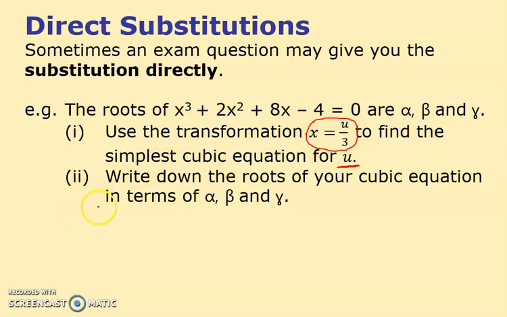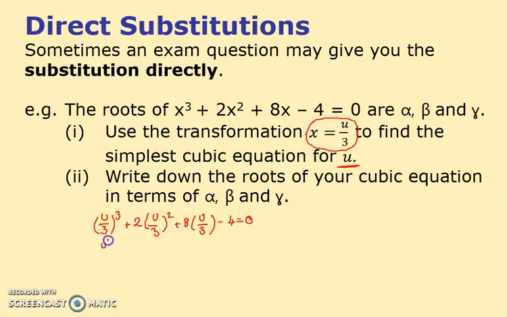So rather than x cubed, I'm just going to write u over 3 cubed. So it's slightly different from what we've seen before, because it tells me the substitution. Doesn't talk about roots, does it? It just says, here's the substitution to use. Okay, therefore I'll do it. 8u over 3. And it does say I want the equation to be in u, so I don't want to get it in x.